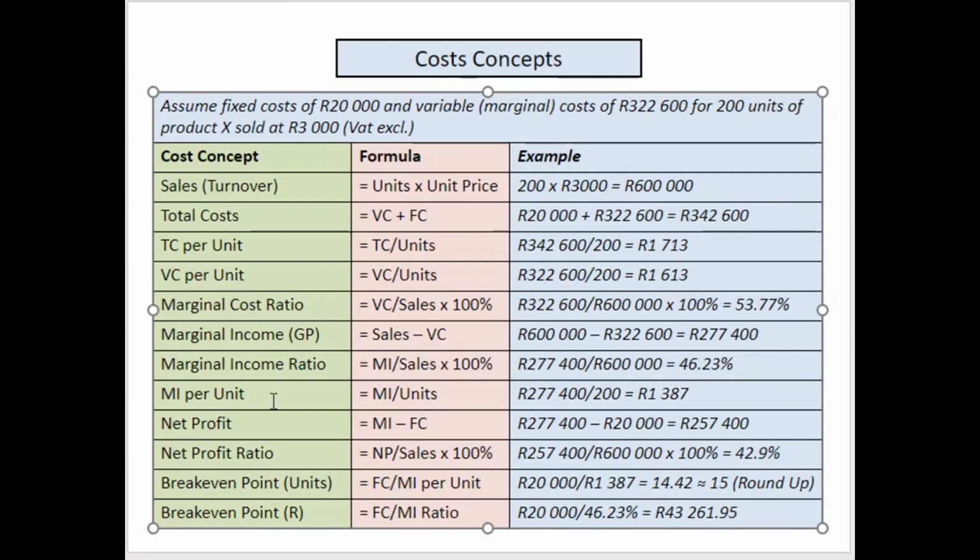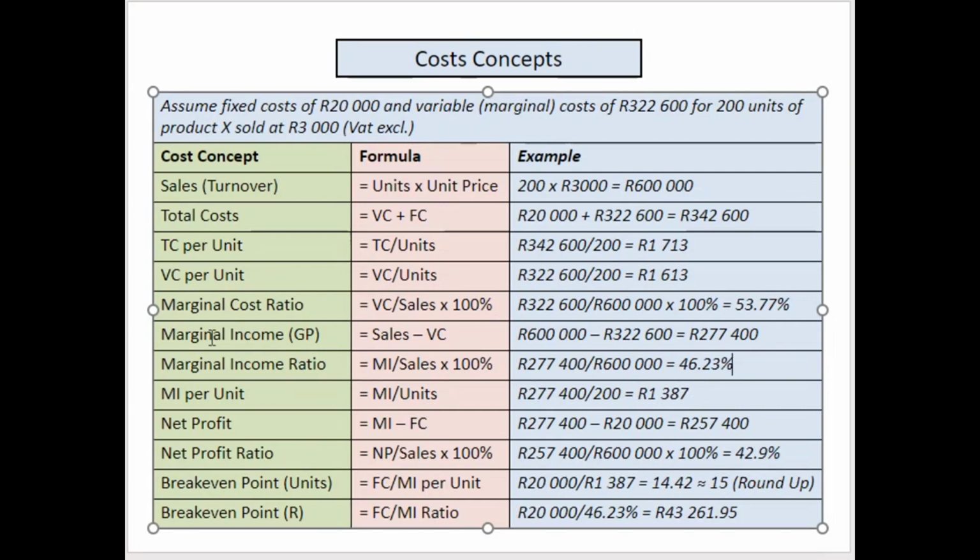Now we're talking about our marginal income per unit. This is important because it tells you really, if I sell a unit, how much is it actually worth for me?